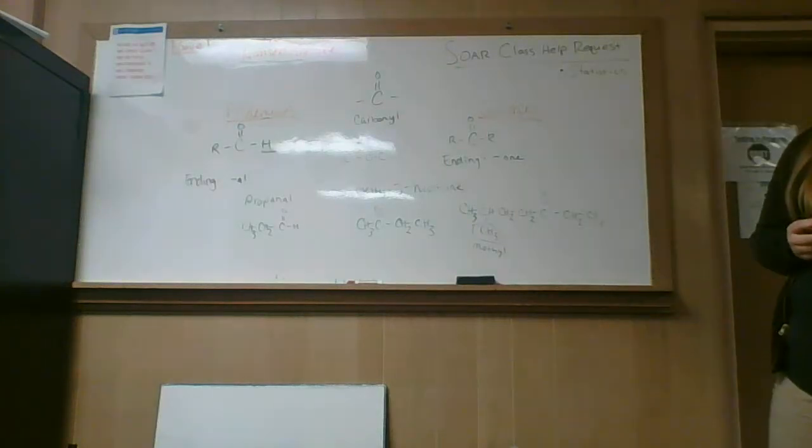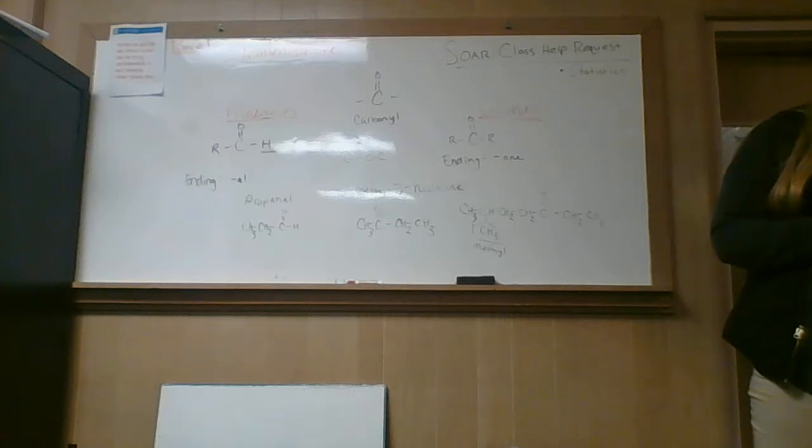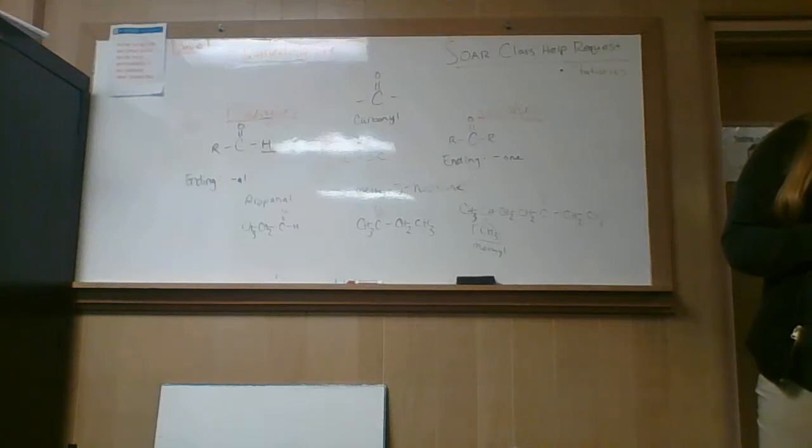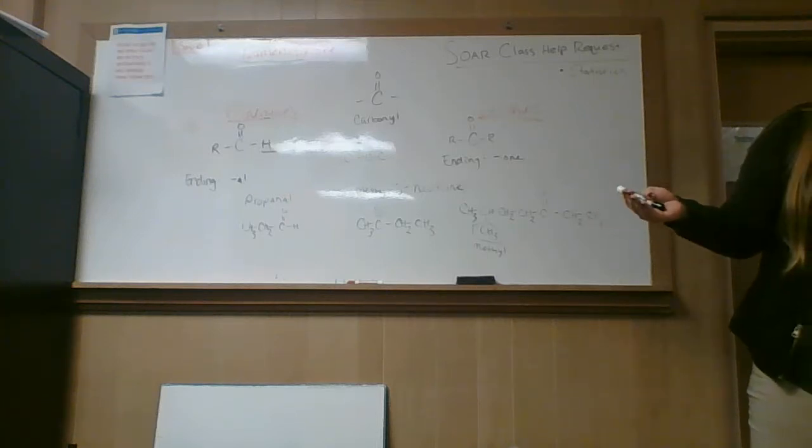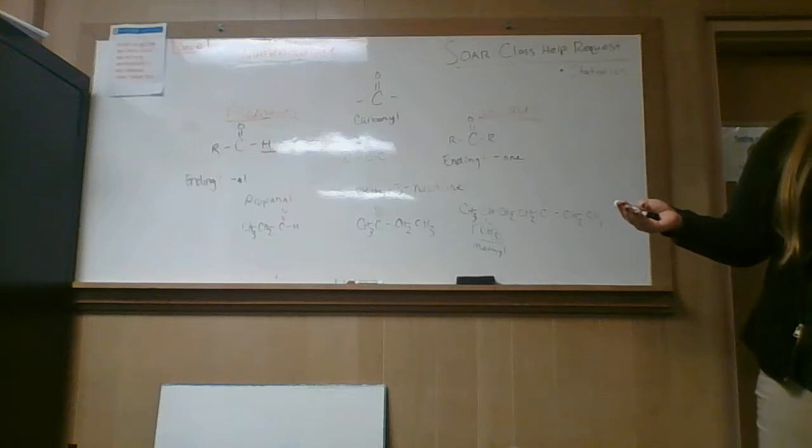So with aldehydes, there's no numbering, even if there's a substituent? If there's a substituent, you would number the substituent. But again, I believe it's like a carboxylic acid. That's always going to be terminal, so adding the 1 would be redundant. Okay.